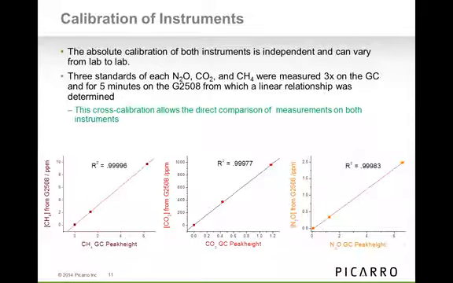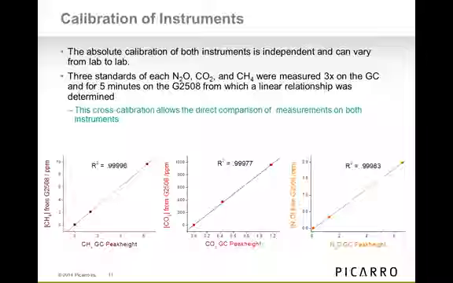So what we did was we took 3 standards of each individual gas and then measured them 3 times in the GC with injection, and then we put that sample into a Tedlar bag and let the G2508 measure that sample for 5 minutes, and then we can take an average to get a better precision on that one measurement.